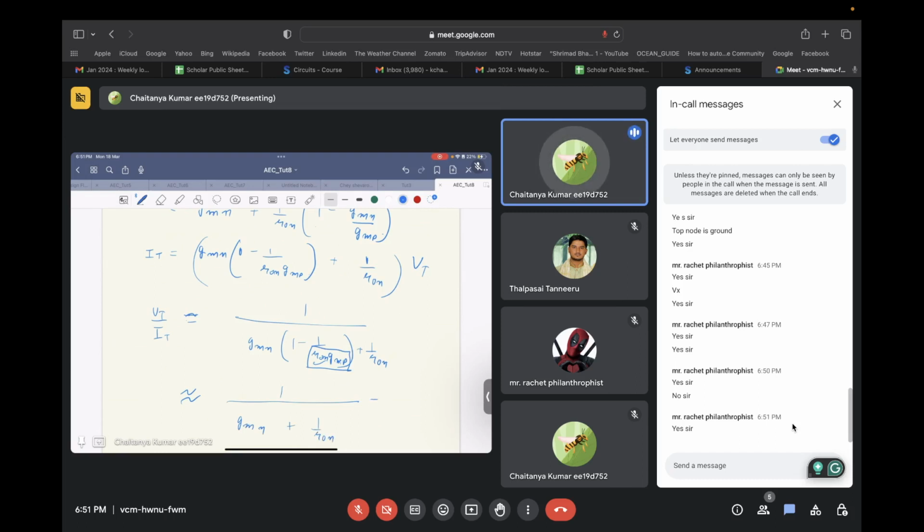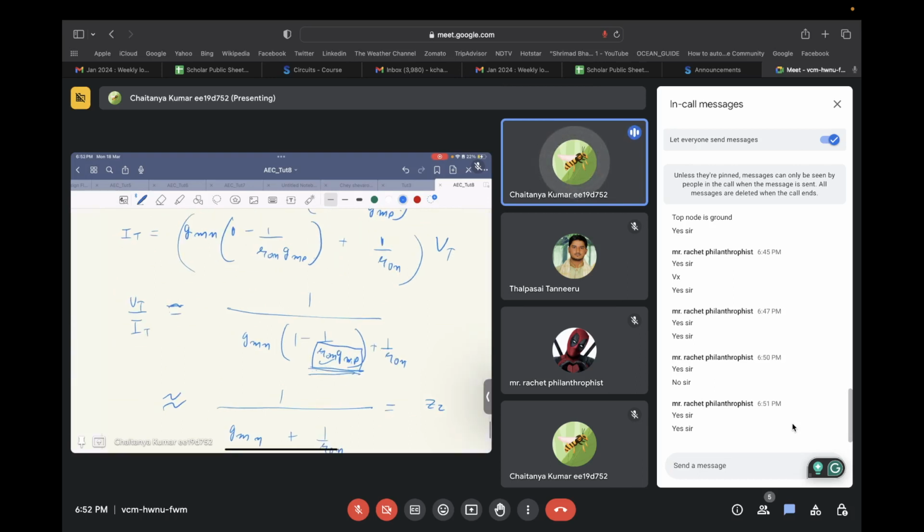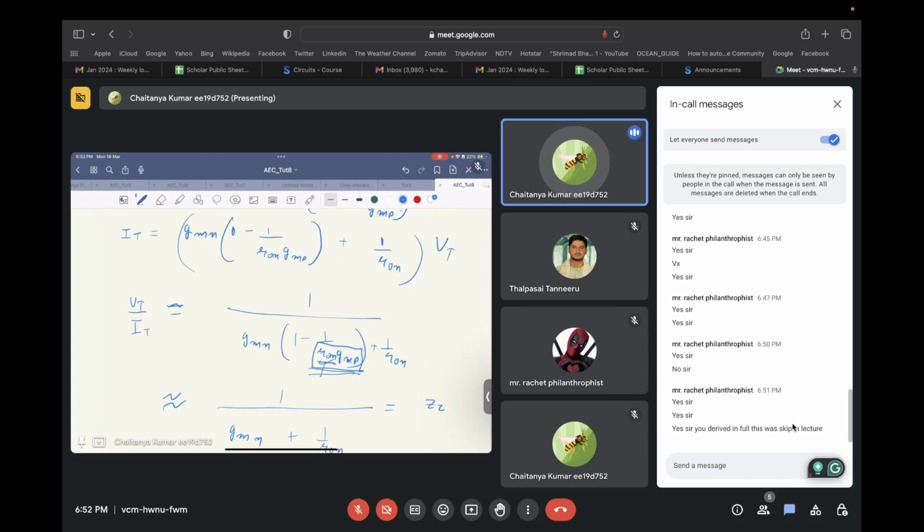So this is almost equal to Z2. Due to this term being very small, even though there is some mismatch between the looking-in impedance from one side and the other side, this difference being very small, that node is still at 0.